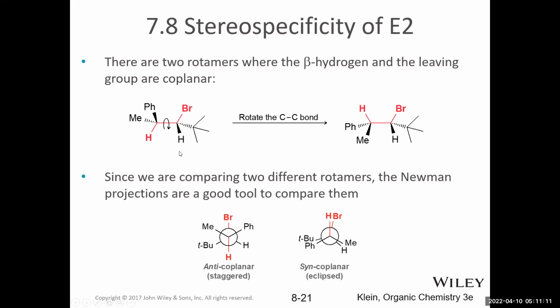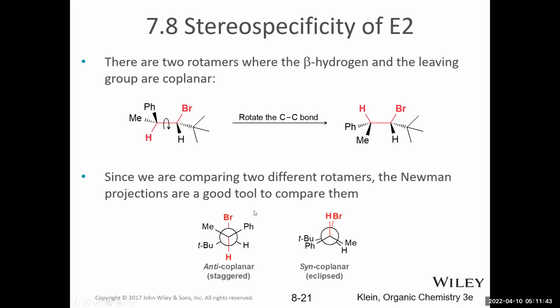We can look at the Newman projection drawn down the carbon-carbon bond, looking from the left to the right for each of these, and we'll see that the anti-coplanar transition state is in a staggered conformation, which we know is much more stable than an eclipsed conformation. And the syn-coplanar conformation, when drawn as a Newman projection, will easily allow us to see that this is in an eclipsed conformation.